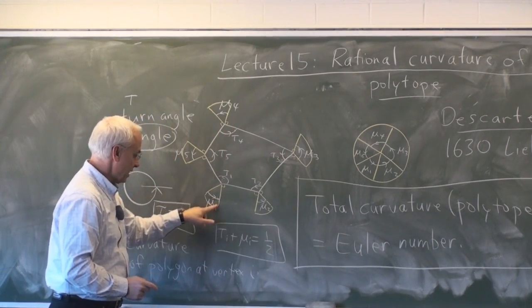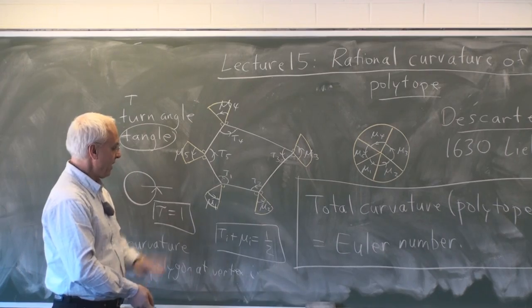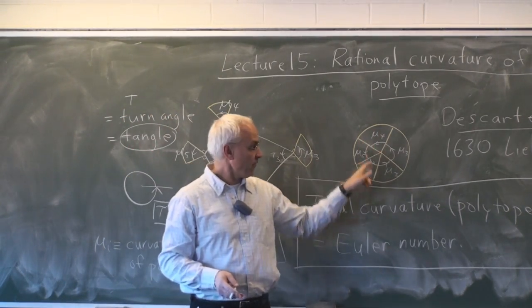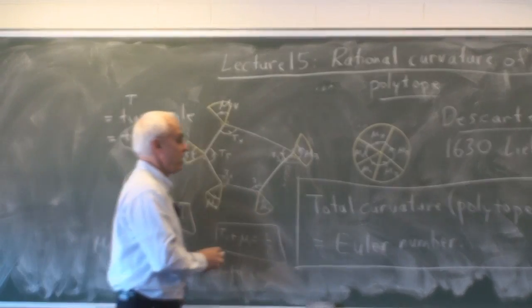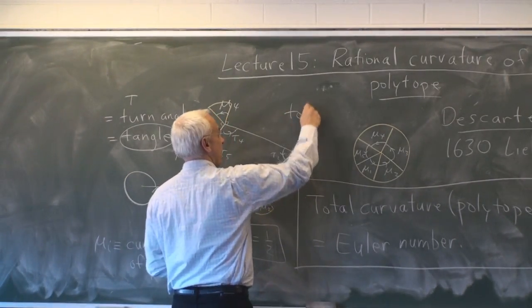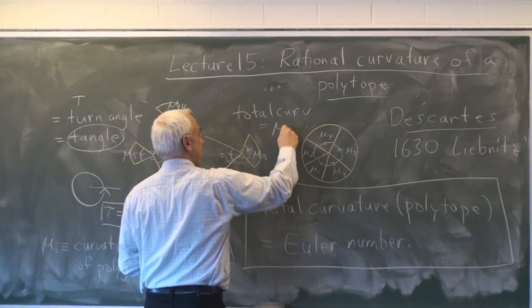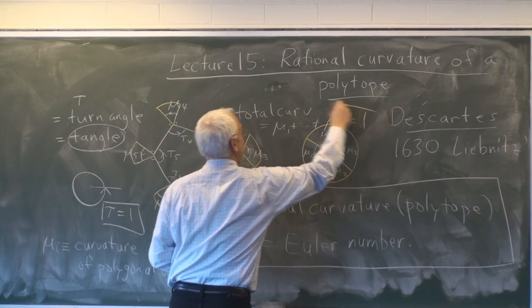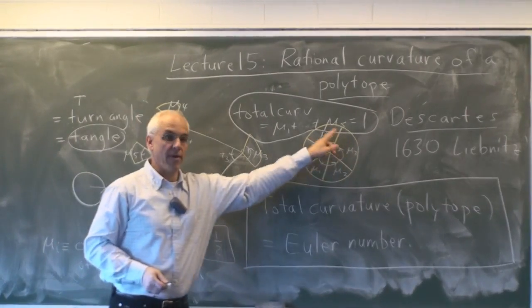And because this side here is exactly parallel to this side, because they're both perpendicular to that one, these exterior cones all fit together to give us a circle. And the conclusion is that the total curvature of the polygon, which is the sum of the mu's, mu 1 up to mu 5 in this case, is going to be equal to 1. Because we're going all the way around.